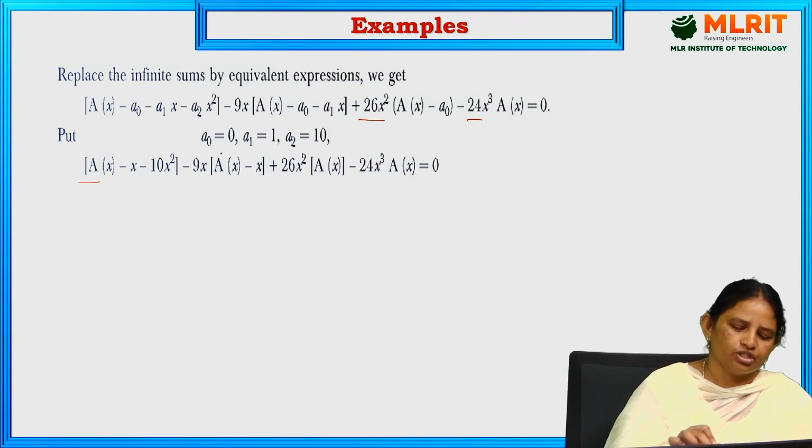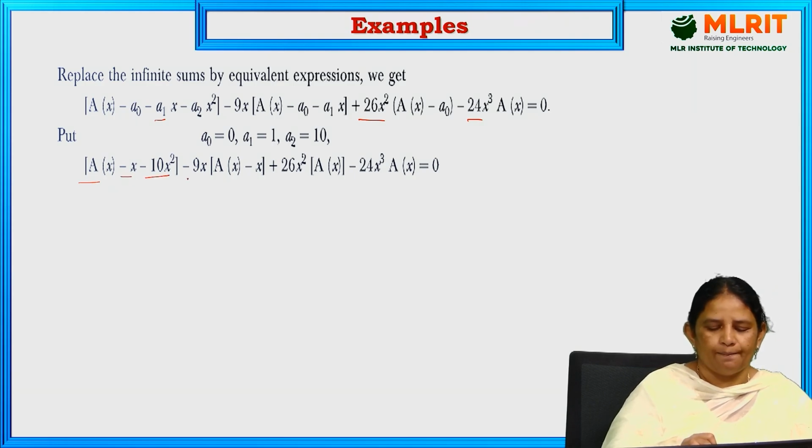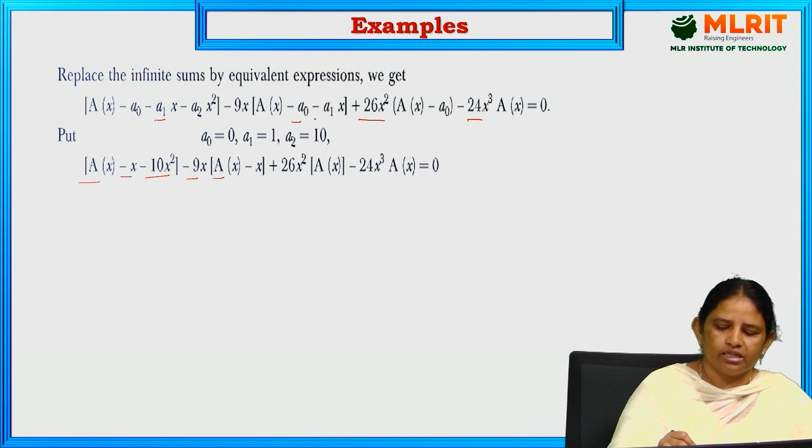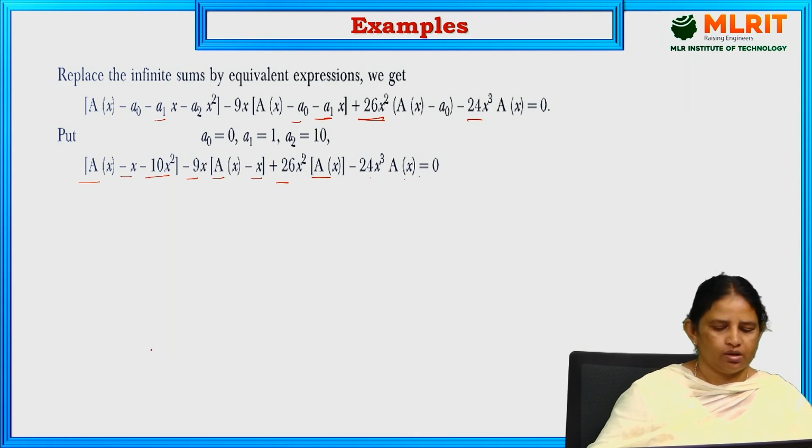The a0 value is 0, don't consider it. In the place of a1 you have to substitute x, minus 10x square, minus 9x A of x. The a0 value is 0. In the place of a1 substitute x, a1 is 1 into x. Then 26x square, A of x minus 0 means that is 0 only. Minus 24x cube A of x is equal to 0.